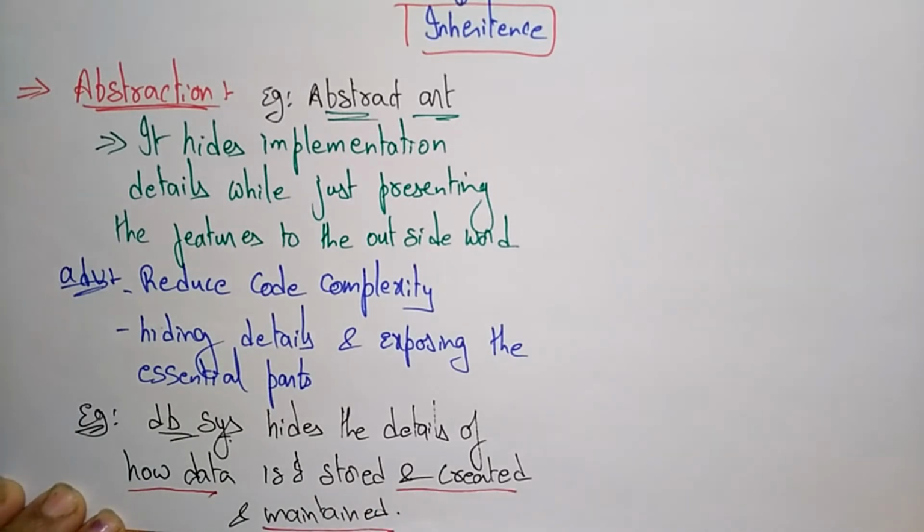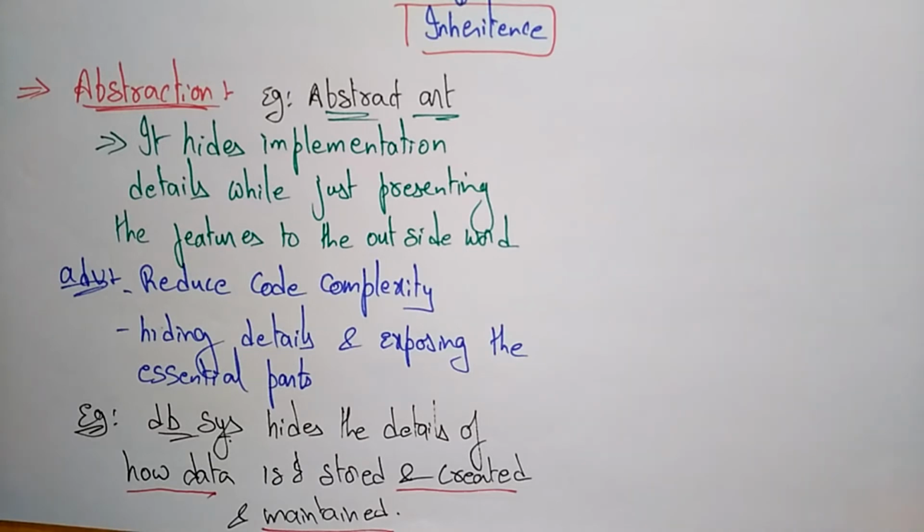Whenever we type a request for information, we raise one query and get the result on the screen, but the user doesn't know what happens inside. It is hiding all the details related to that particular table. Only the things which are essential to the person are exposed to the outside world. It hides the details and exposes only the essential parts. That you call abstraction.